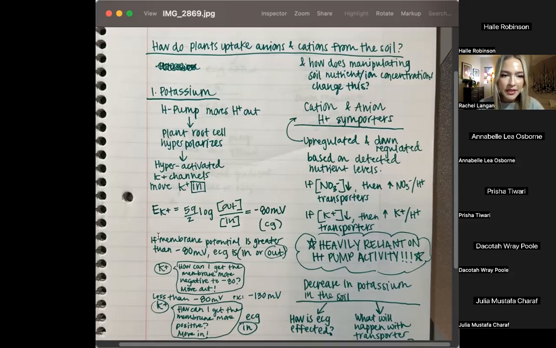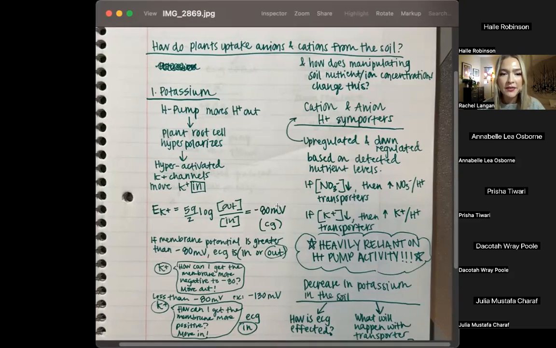So if the membrane potential is greater than -80, so let's say it's -50, then that's going to cause the ECG to be out. Why? Because potassium is always trying to get the cell membrane to be at its equilibrium potential. So if we're not at -80 and we're at -30, potassium is unhappy.